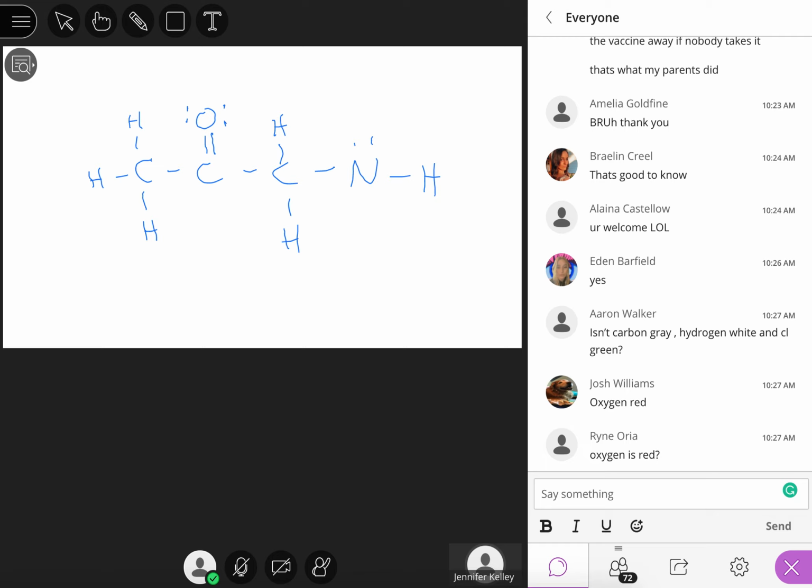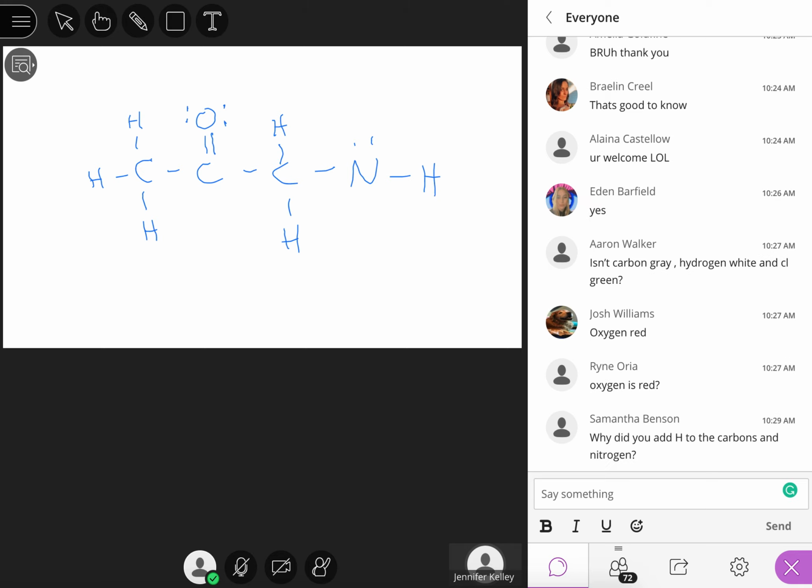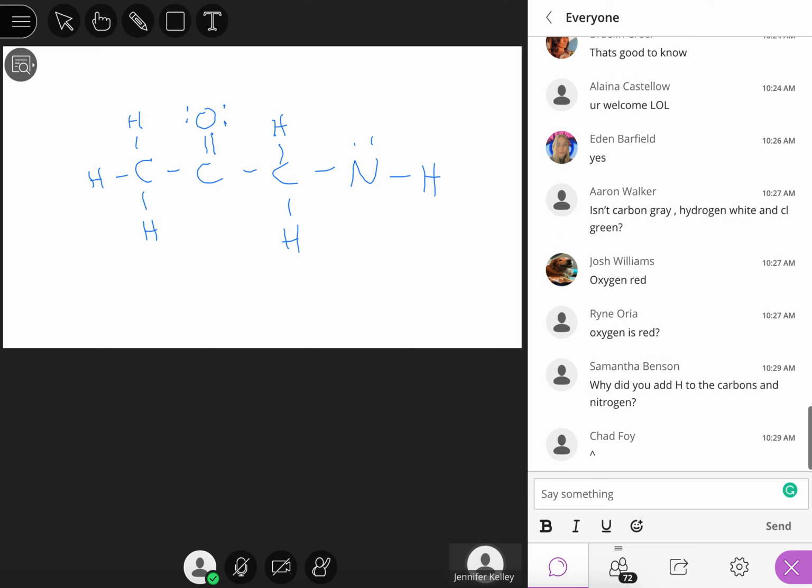So we will label these. In this case, they couldn't say the central carbon because there's more than 3. But if they only have 3 carbons, the central carbon would be the one on the inside, even though normally when we talk about a central atom, we're just talking about something surrounded by other stuff. And all of the carbons in a 3-carbon chain are going to have hydrogens and things on them.